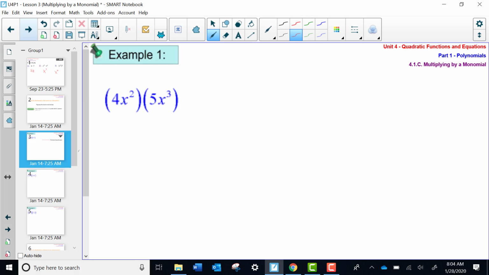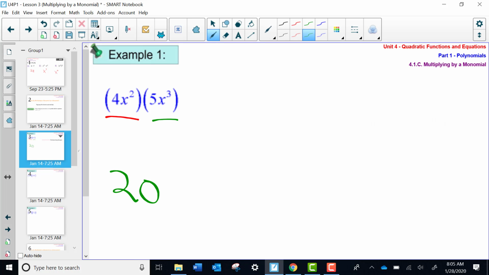So in this first example, this is one monomial. This is the second monomial. When you're multiplying these two monomials, you multiply the coefficients. Can someone volunteer and tell me what the coefficient of the red monomial is? Daniel. And what's the coefficient of this green one? So you take the 4 and the 5 and you multiply those and you get 20.